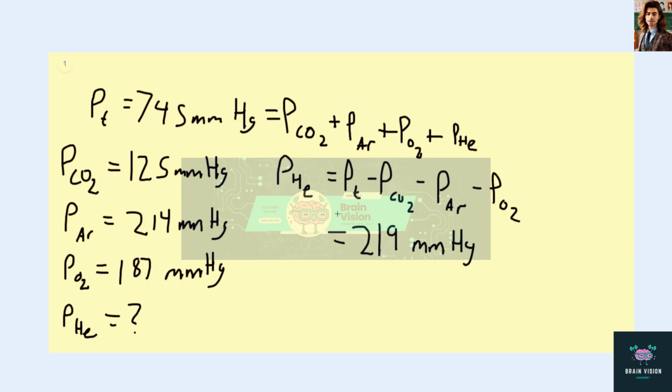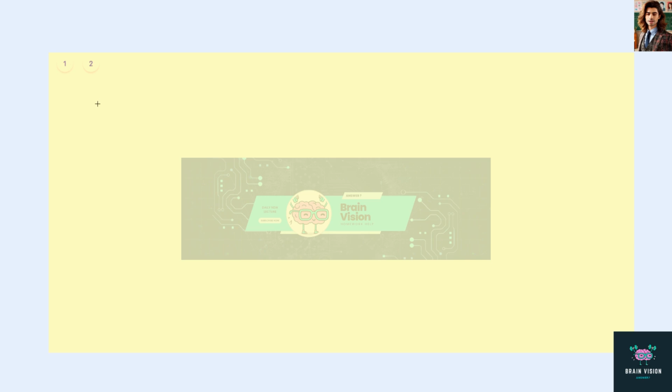Now we want to find the volume as well as the mass of this helium. The way we do that is first we want to find the mole fraction of helium. To do that, we can take the pressure of helium equals X, the mole fraction of helium, times P total.